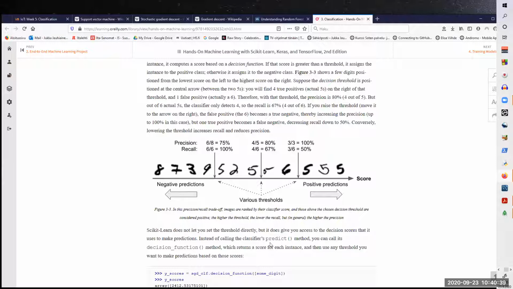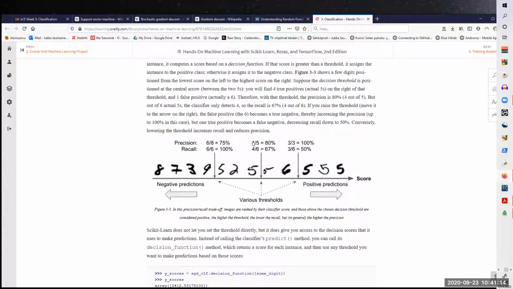Now, if you look at this picture, if you put the threshold in the middle, you see that now you have 6 numbers on the right side, where 4 of them are rightly classified as 5, and 1 is wrong.